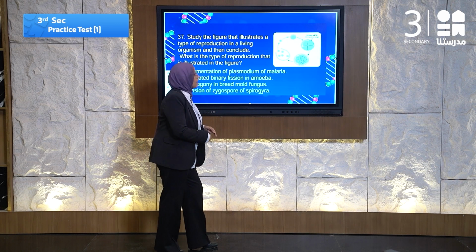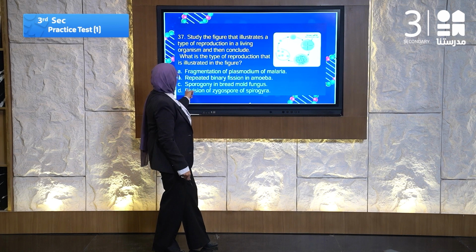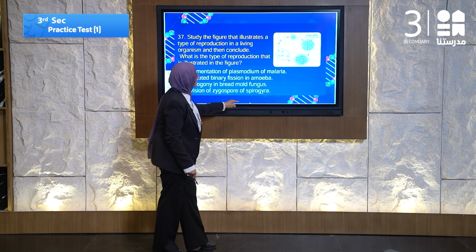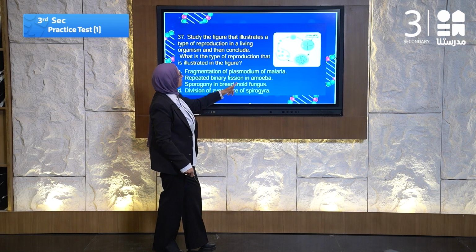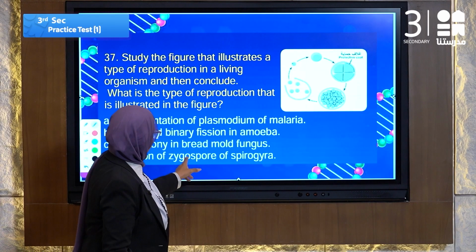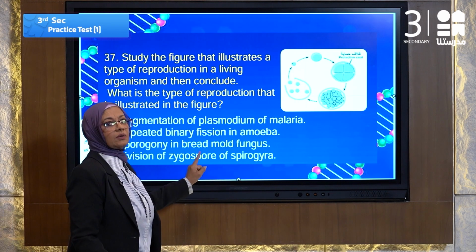Does the amoeba make a coat around it? Maybe. C, spores in the bread mold fungus. D, division of zygospores of Spirogyra. No, not Spirogyra.